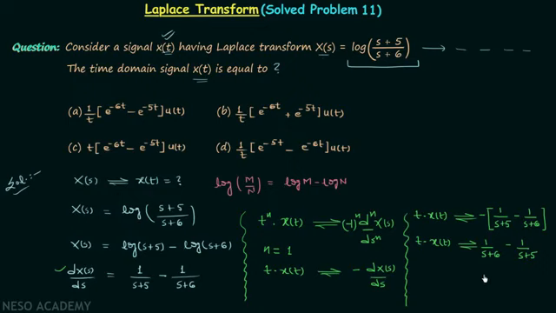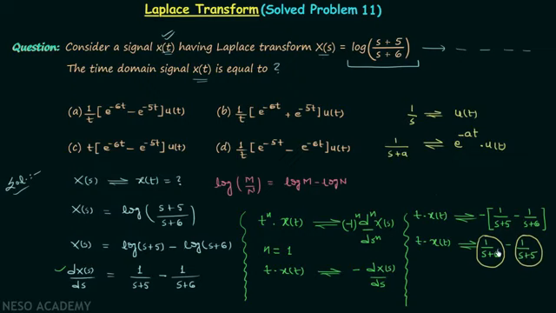Now it is very easy to find the corresponding time domain signal of 1/(s+6) and 1/(s+5), because we know 1/s has the corresponding time domain signal u(t), and using the frequency shifting property, if we multiply e^(-at) to u(t), the Laplace transform will become 1/(s+a).